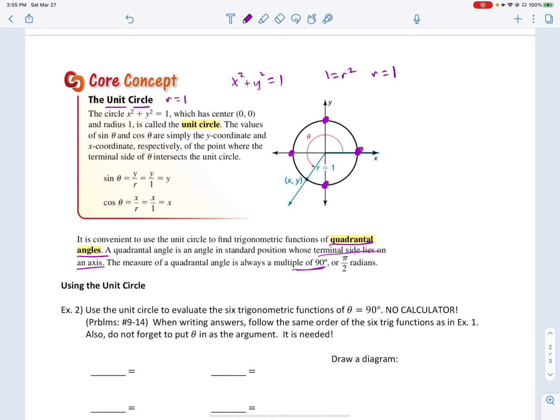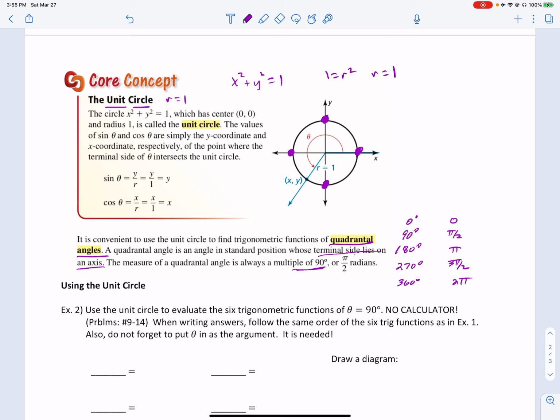So the terminal side is going to intersect and end at 0, 90, 180, or 270 degrees, and a full rotation of 360 degrees. Or in radian values, 0, pi halves, pi, 3 pi halves, and 2 pi.